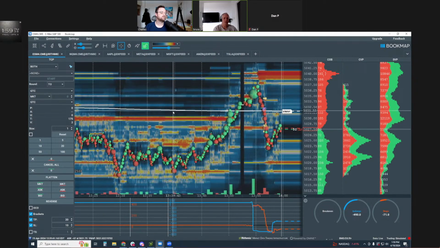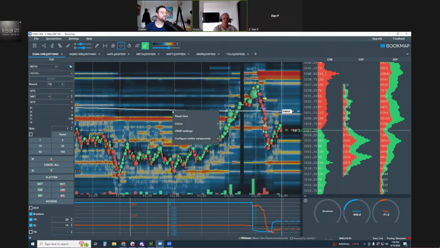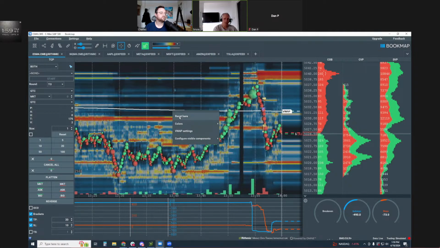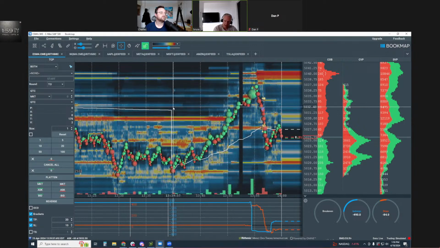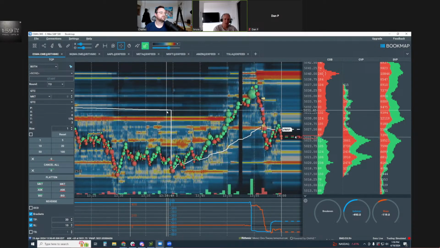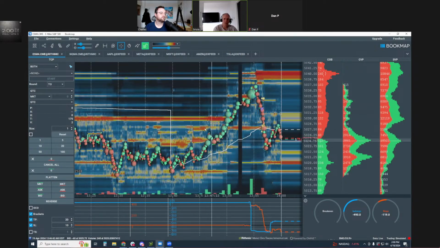You would hover over here, and then right click on it. Then you can make an anchored VWAP here, only one though, and reset it here. That's how you do it with the anchored VWAP tool, and it will show a new VWAP. This old one will still stay here, but a new one will show, and then you can put your standard deviation lines on it as well.